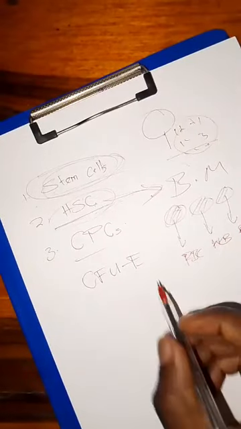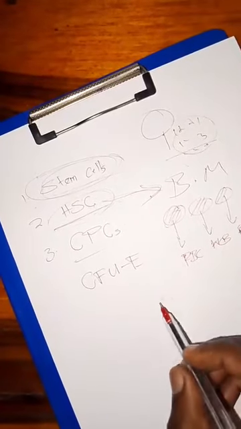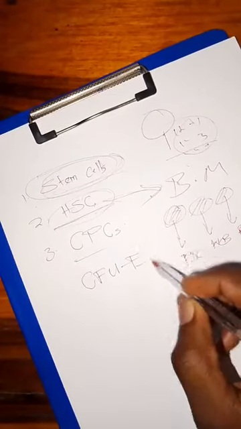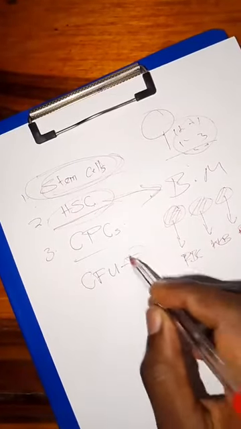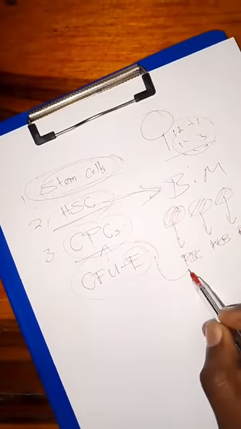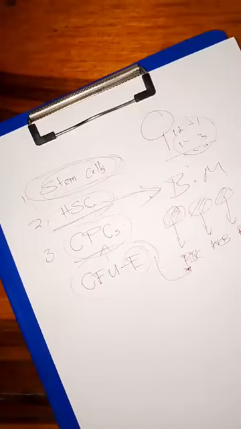This colony-forming unit erythroid is from the term erythrocyte. So this colony-forming unit erythroid is a type of committed progenitor cell that is specifically involved in the formation of red blood cells. Meaning that this type of committed progenitor cell is specifically going to lead to the formation of red blood cells. They're just going to be committed in that relationship that no matter what, I just have to form red blood cells.